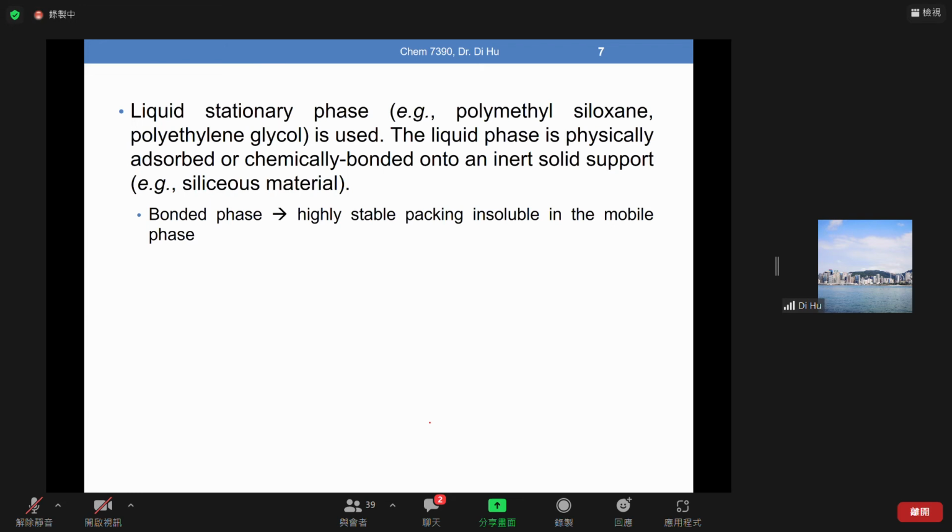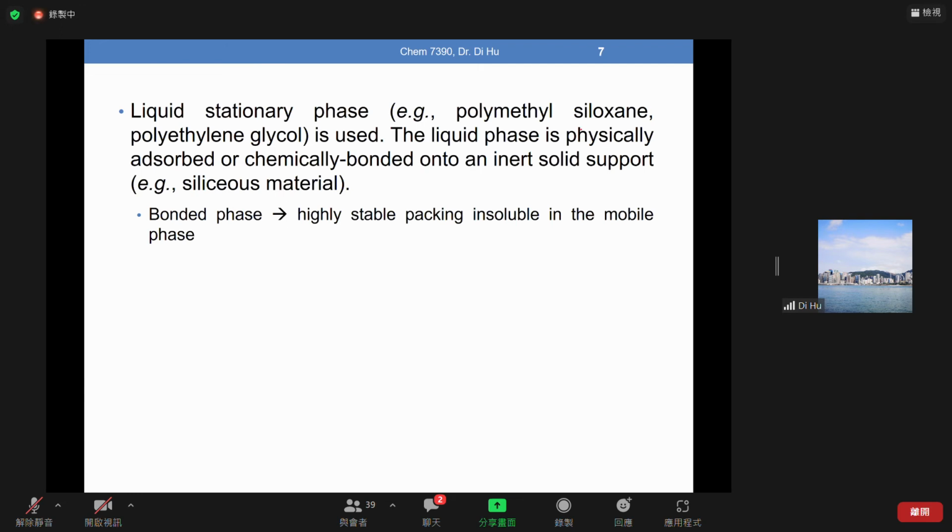The liquid stationary phase is the one coated on the silica particle, and in ion chromatography it is a polymer resin, not a silica particle. But for normal phase and reverse phase, porous silica particle is the most commonly used.